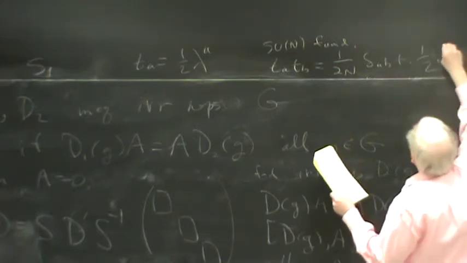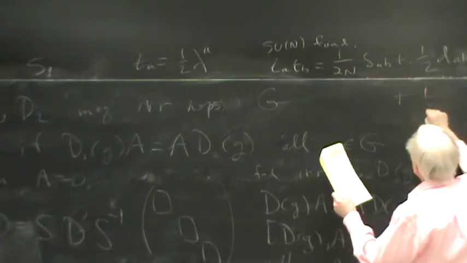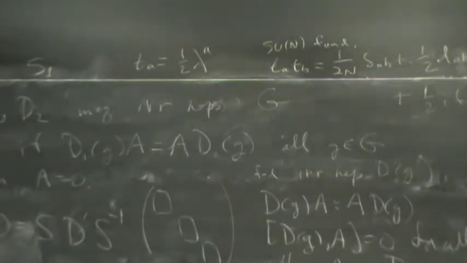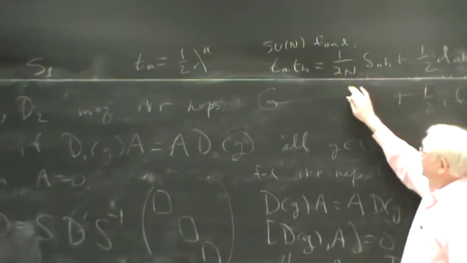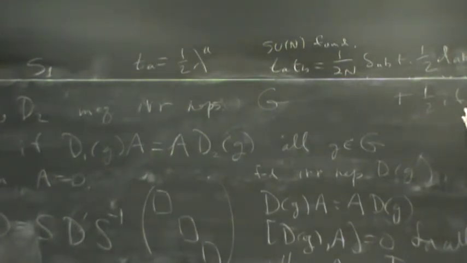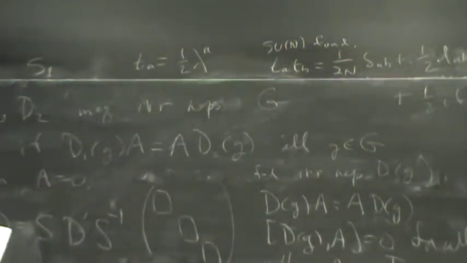But you can see where this sort of comes from. The trace relation together with the index being a 1/2 gives you the first term. The structure constant relation gives you the third term. And then what's left over has to be, I think, totally symmetric, the d^ABC. And yes, it is totally symmetric.